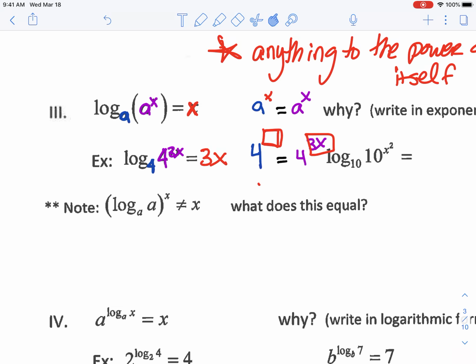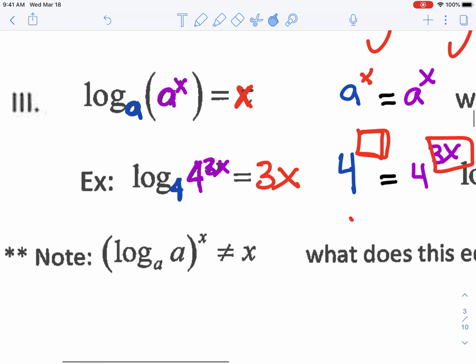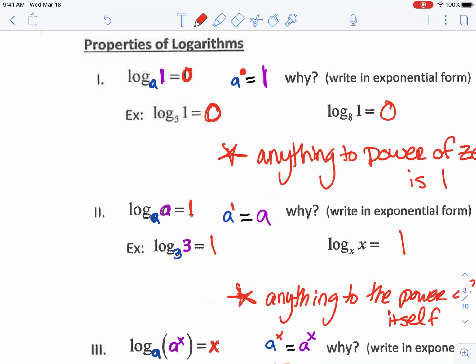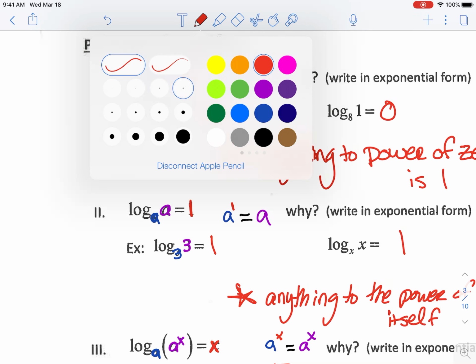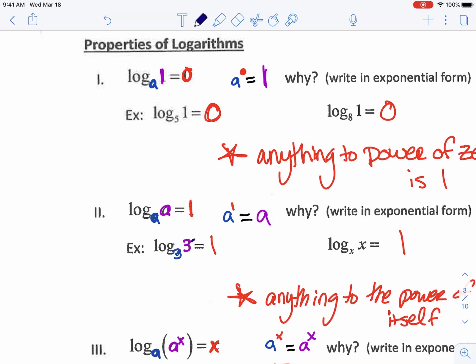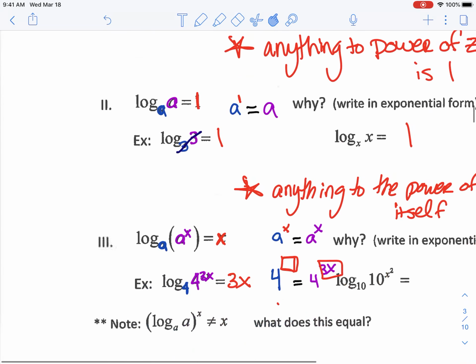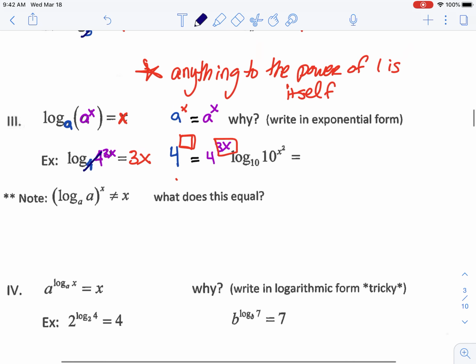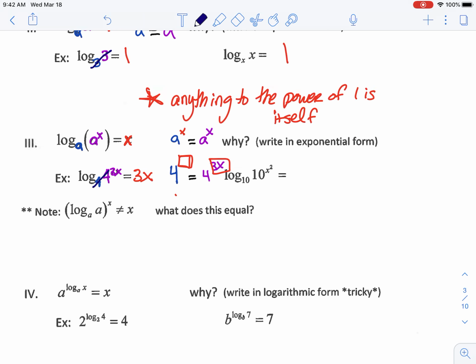The log rule here that people like to abide by is that the 4's cancel. Okay. So the 10's would cancel, and I get x squared.